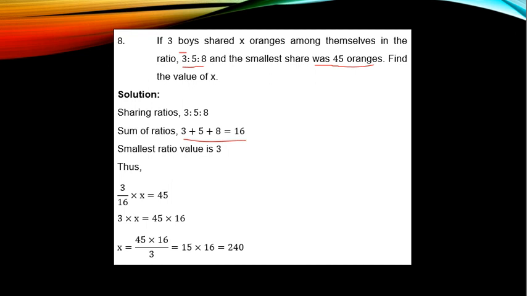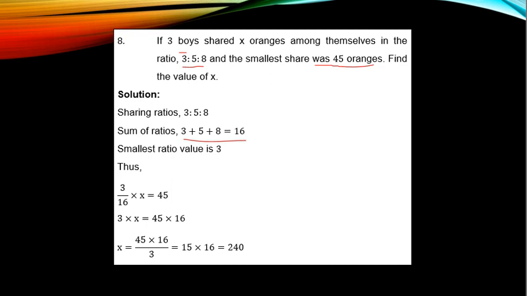But because the sharing has been done, we want to find the value of S. S is total oranges shared, so it will be the smallest ratio over the sum of ratio times S, equal to the amount of oranges, that is 45. That's the smallest share. So you have 3/16 times S equal to 45.